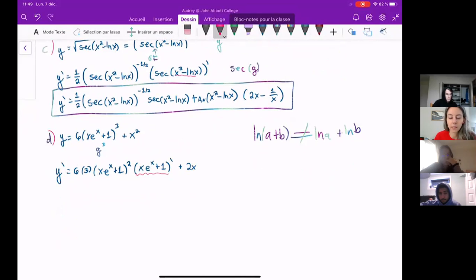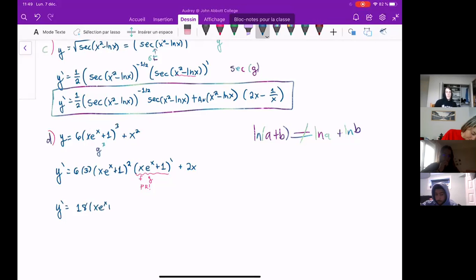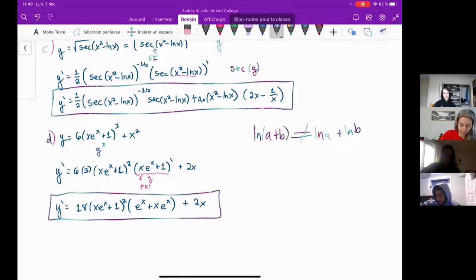Product. That's going to be a product rule. That's like an f, that's like a g. So the derivative of the first times the second plus the first times the derivative of the second gives me e to the x plus x e to the x plus 2x. And that is my final answer.